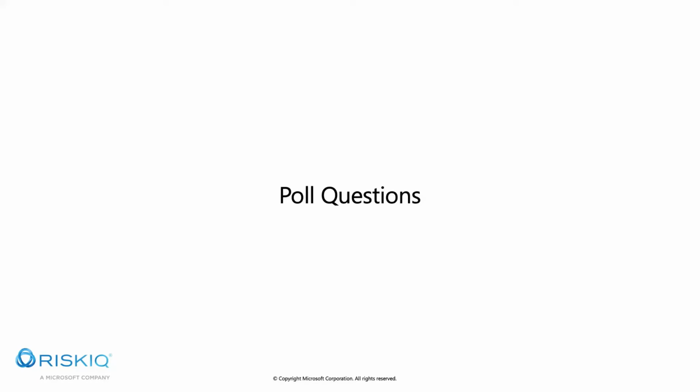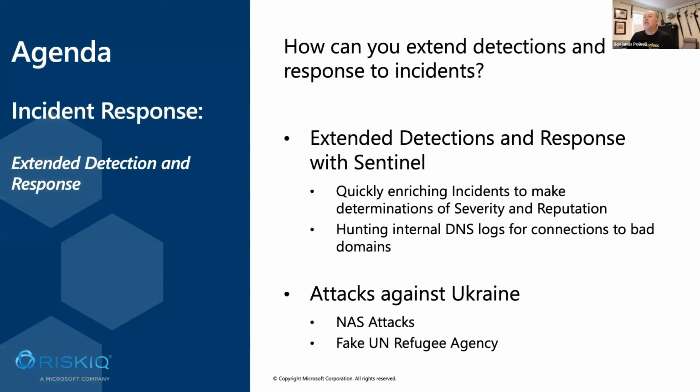Okay, perfect. So let's jump in. What we're going to be talking about today is how you can extend detections, whether from internal systems or from threat hunting, to allow you to respond to incidents better and quicker. So we're going to be looking at enriching incidents that a SIEM might create, and then from that, go out and investigate and gather more information and take that back to do additional action.